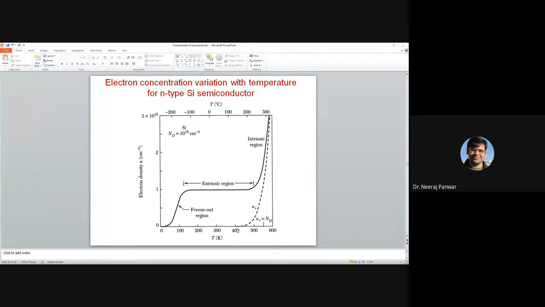The mobility of electron also depends upon temperature. It behaves differently in different regions. So when we multiply the variation of mobility with temperature with the electron concentration variation with temperature, we will get the total variation of conductivity as a function of temperature for the semiconductor.